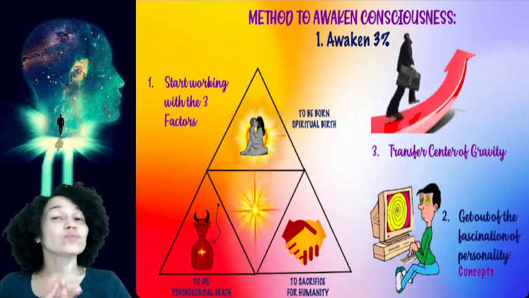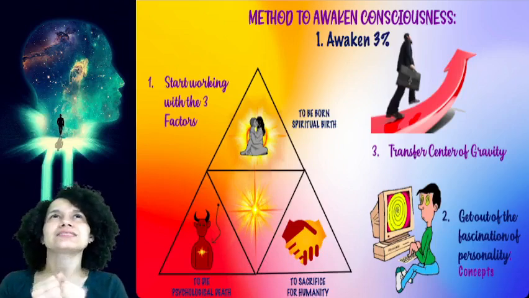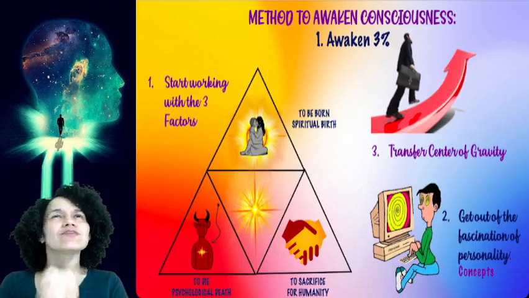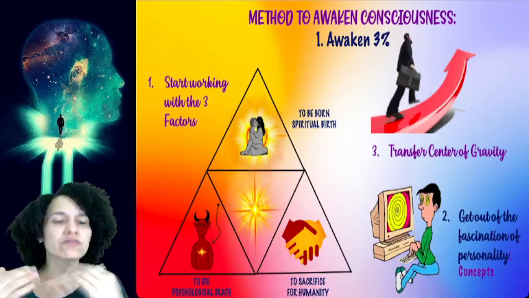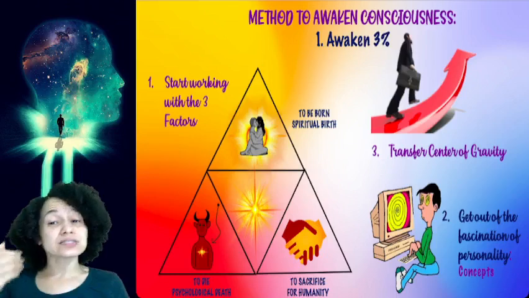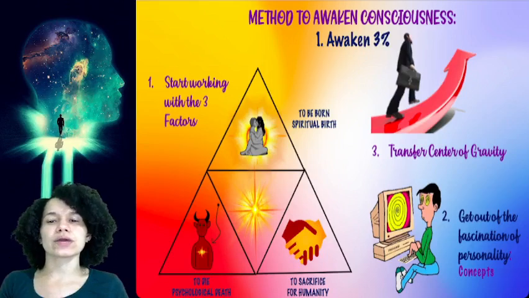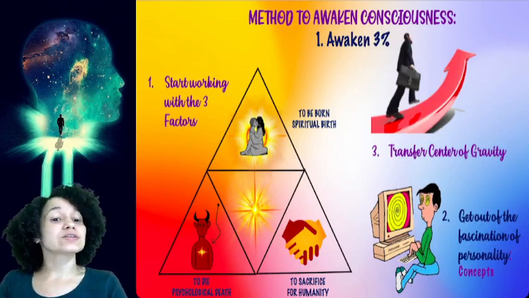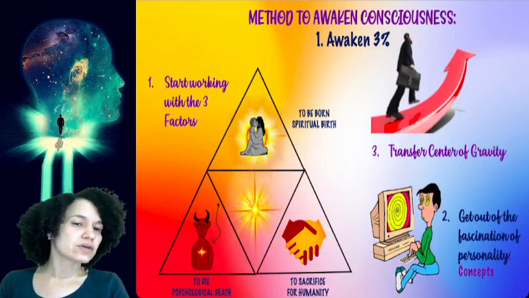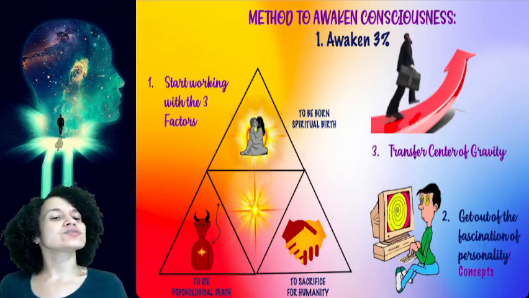And when we start giving less power, importance, energy, and time to the things of the personality, then we can start achieving the third work to awaken the 3%, which is to transfer our center of gravity, that is currently only revolving around the things of the personality. We are going to move it to consciousness.